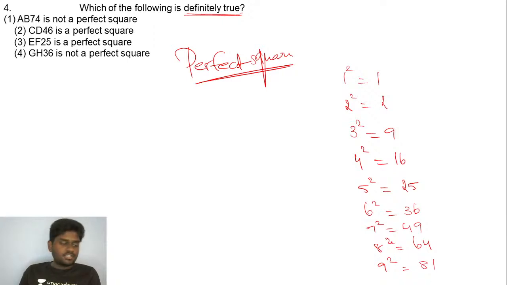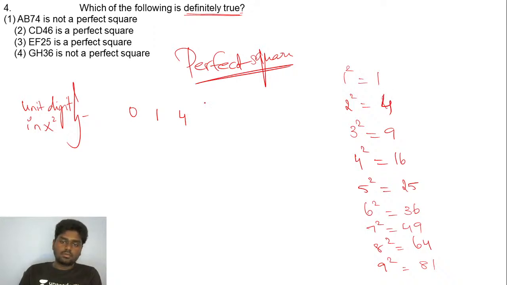So if you try to see here, the unit digits in x square, you have 0, 1, 4, 5, 6, and 9.